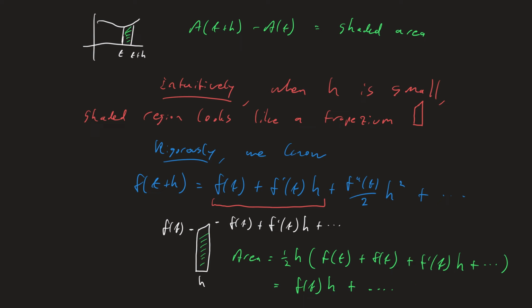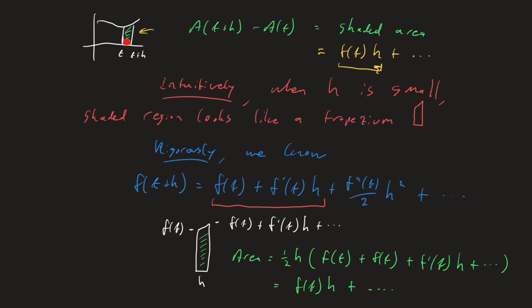This is the dominating term, the term we just need to worry about. So what we have shown is that this shaded region in here is equal to f of t times h plus higher order terms in h. So when h is very small, this area here is essentially just f of t times h.